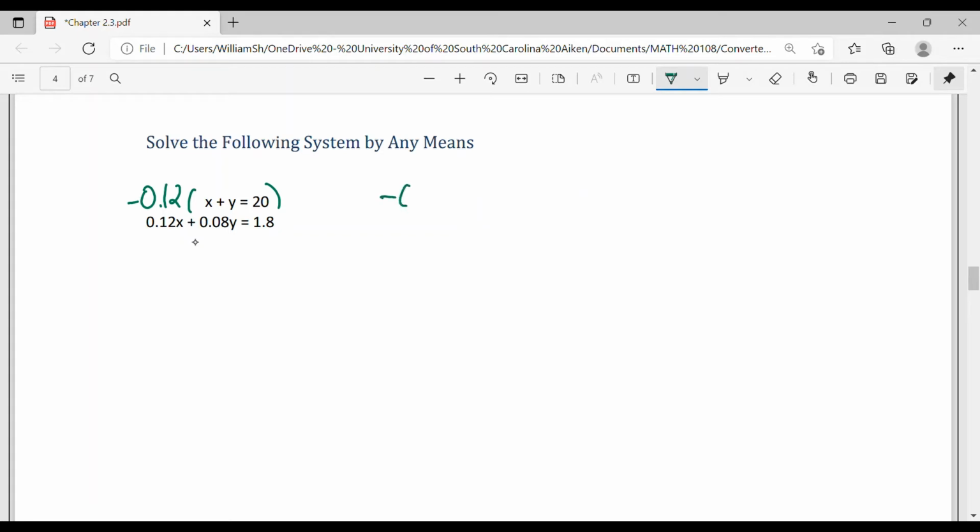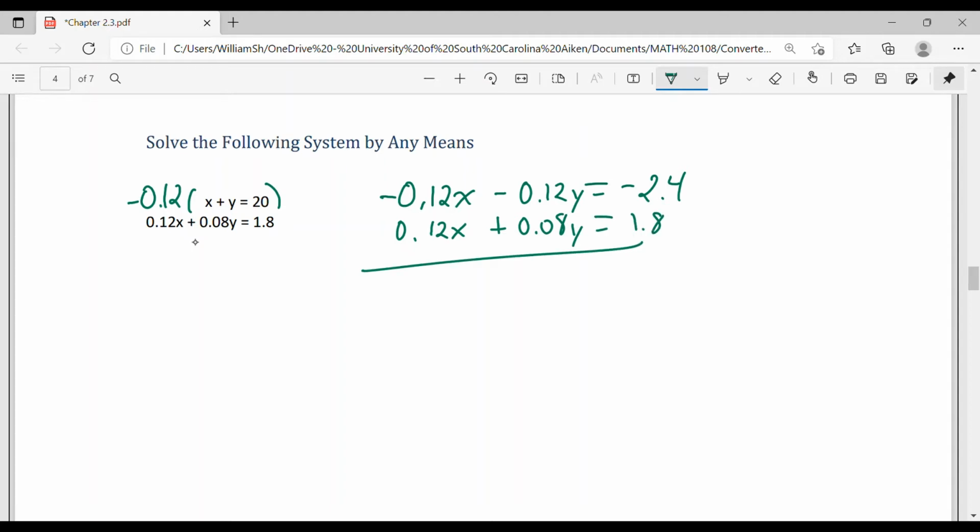So if I do that, I get negative 0.12x minus 0.12y equals, let's see, what is 20 times 0.12? 2.4, negative 2.4. And I'll rewrite this bottom equation here, 0.12x plus 0.08y equals 1.8. I'm going to add them because these two x terms are going to cancel, which they do very nicely.